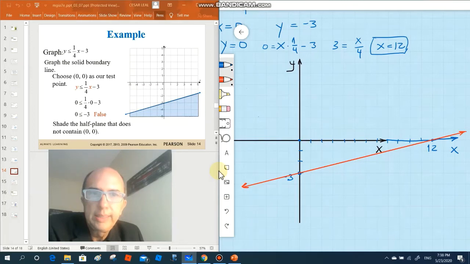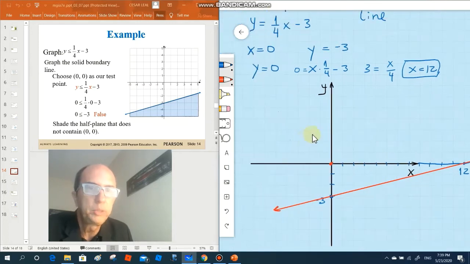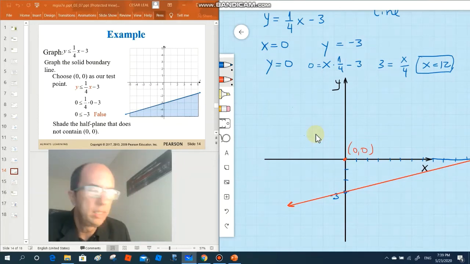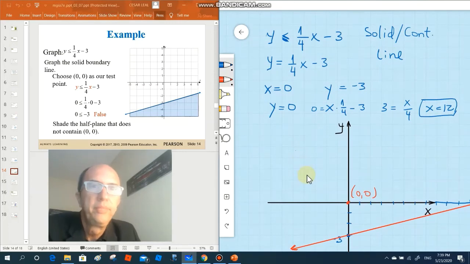And the last step, we use our traditional test point, 0 and 0. Let's plug in 0 and 0 here.